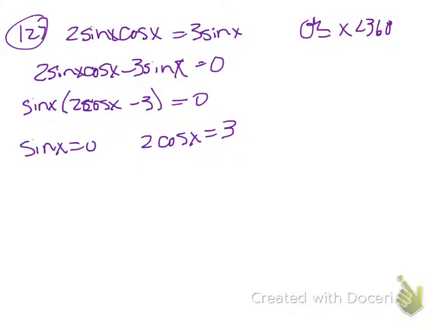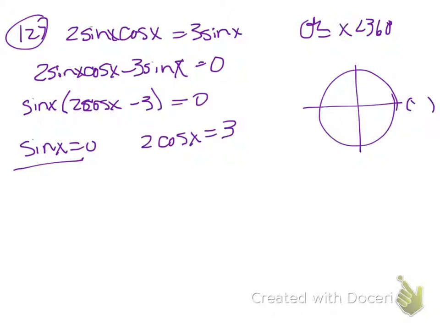And so then I look, where does sine of x equal 0 between 0 and 360 degrees? For those of you that are dual credit, you need to have your unit circle. You need to go back and have it memorized and know that when I'm at 0 degrees, I am at 1, 0.